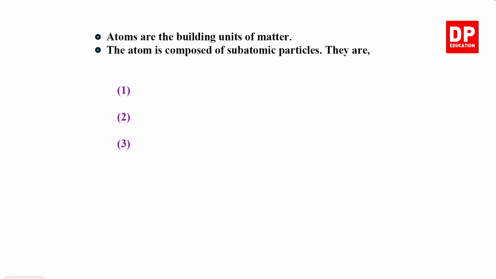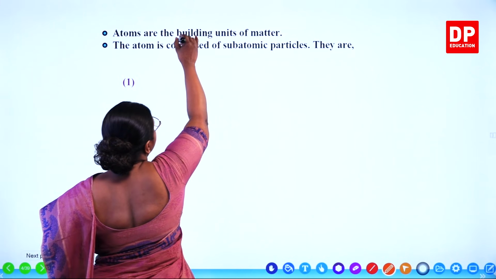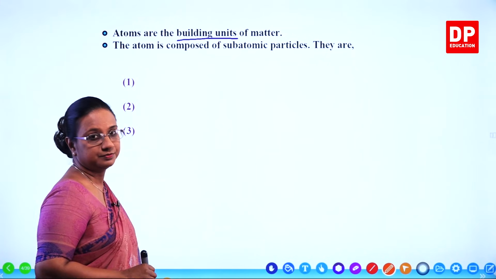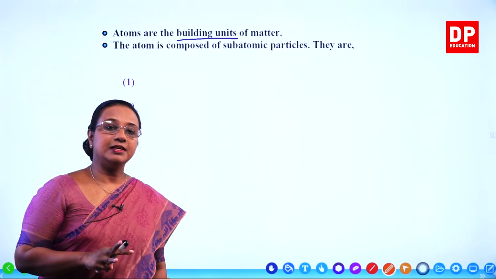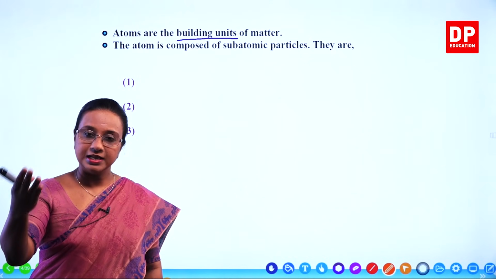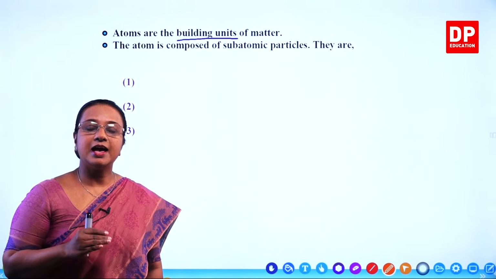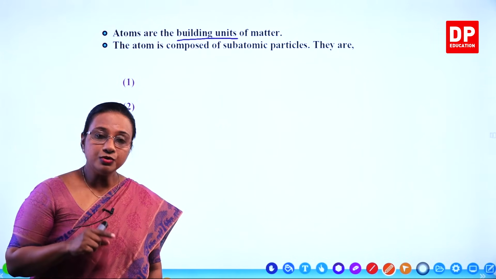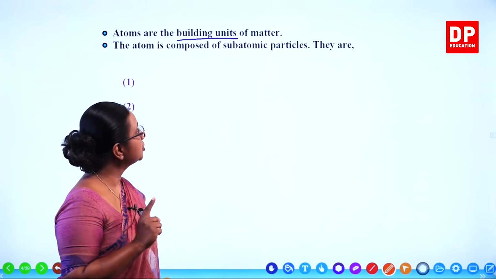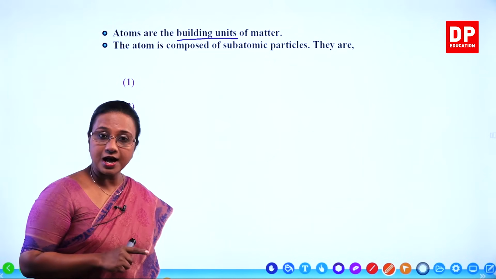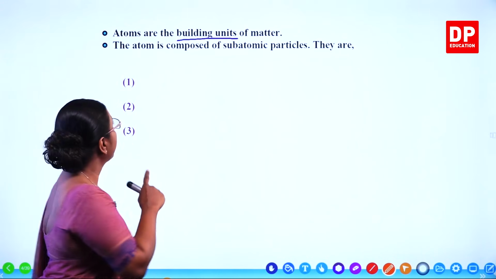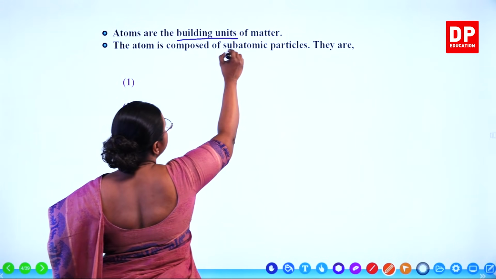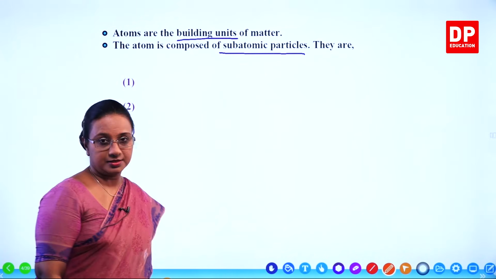Atoms, as I said, are the building units of matter. And these atoms can chemically combine and they have specific properties. So to know about atoms, we should first know what atoms are made up of. They are made up of subatomic particles.